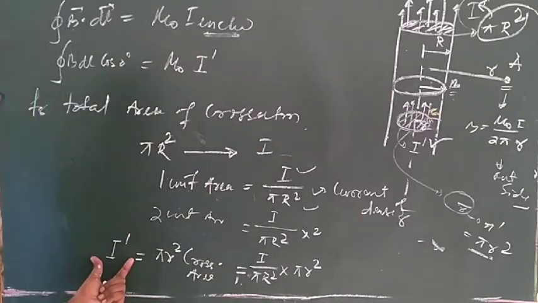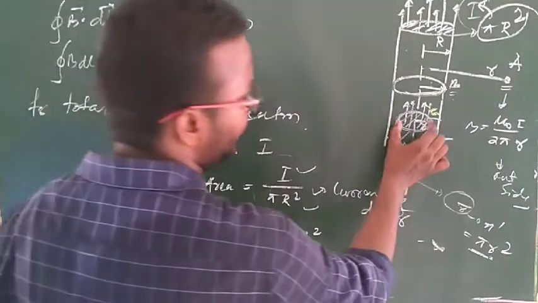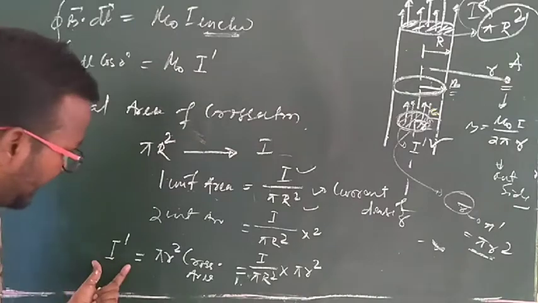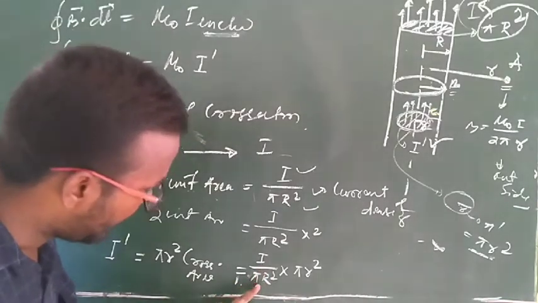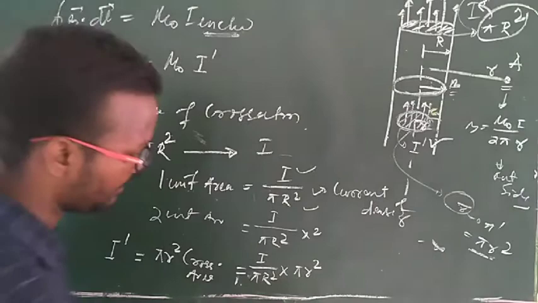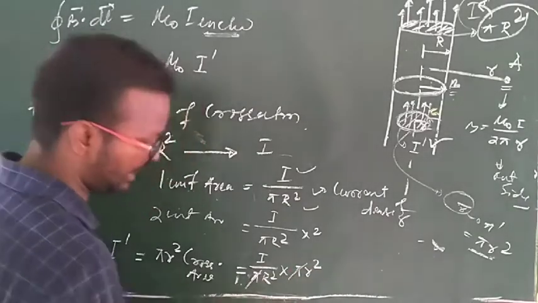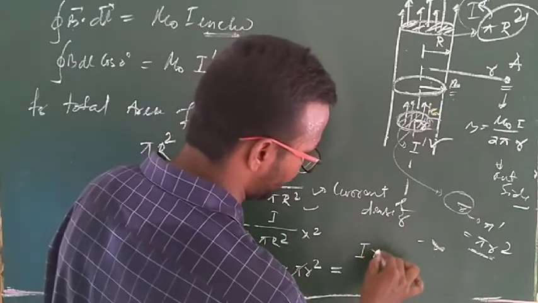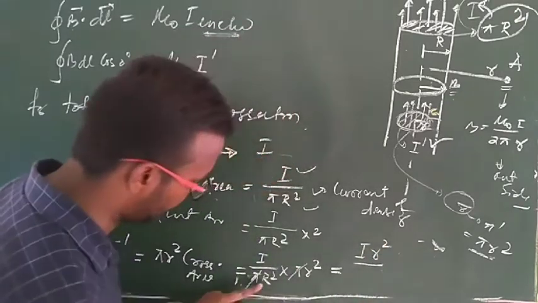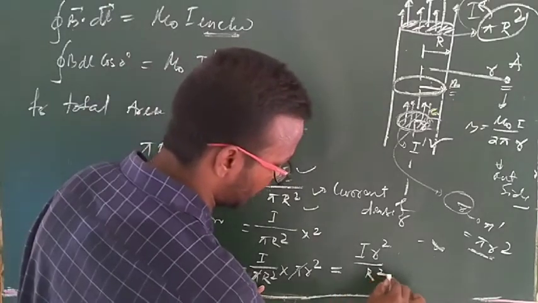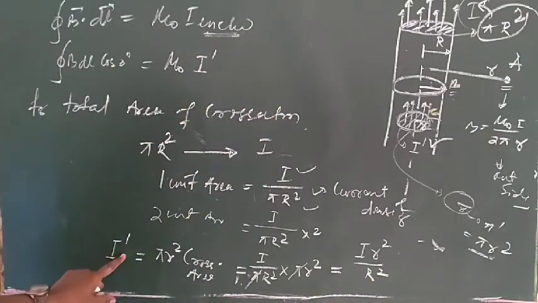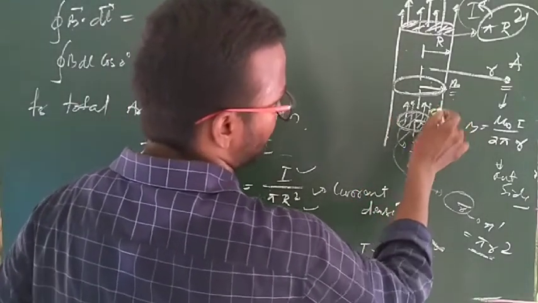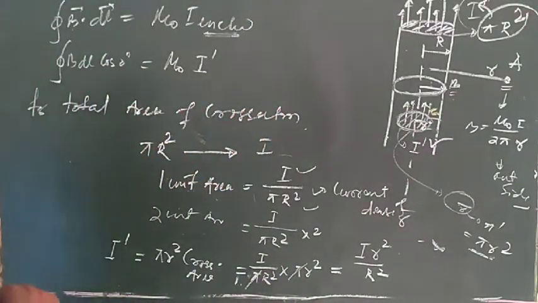So I dash is the current flowing within the Amperian loop of small radius r, that is pi r square. So I dash equals I by pi r square into pi r square. The pi cancels, so we can write I small r square divided by capital R square. This is the current flowing through the Amperian surface, the surface inside the cylinder. Clear?